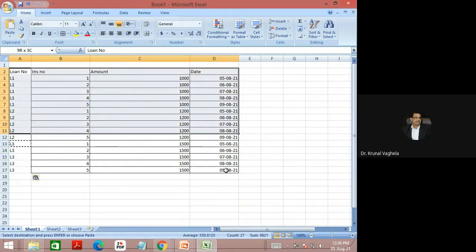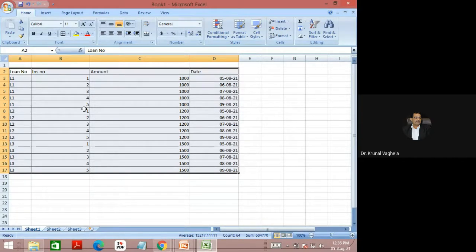Can loan number be a primary key? No, because again loan numbers are repeating. L1 is 5 times, L2 is 5 times, L3 is 5 times. Then again you are in a problem.